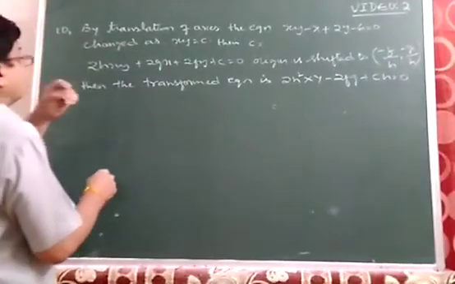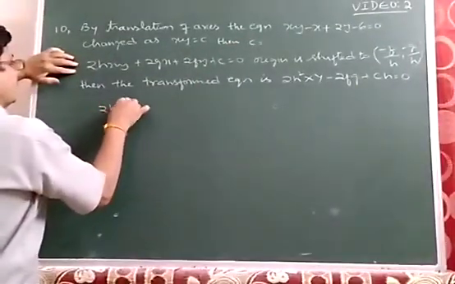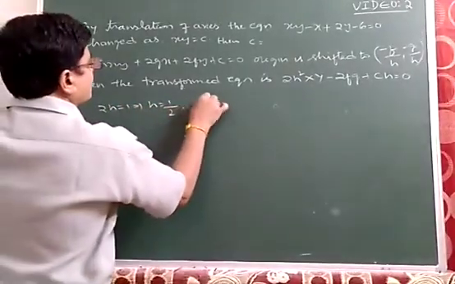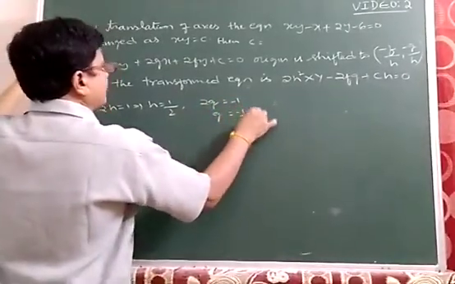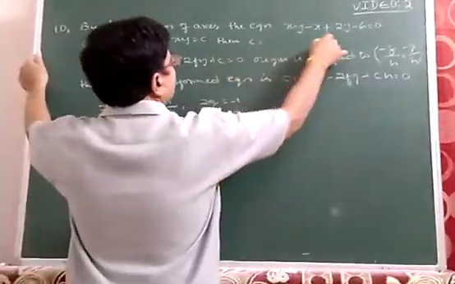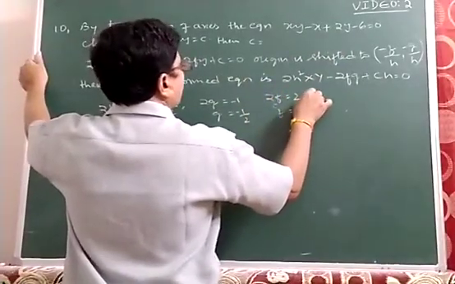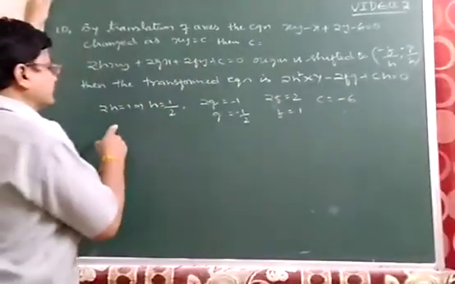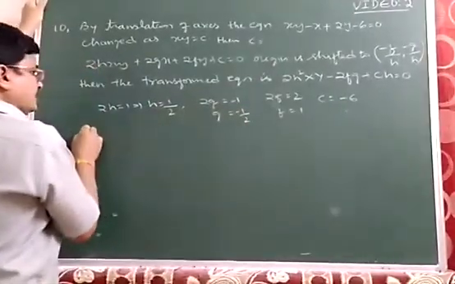So here first of all we are comparing the given equation as this one. 2h is equal to 1, that means h is equal to 1 by 2, and 2g is equal to minus 1, g is equal to minus 1 by 2, and 2f is equal to 2, which means f is equal to 1, and c is equal to minus 6. Then the values are substituted in this one.